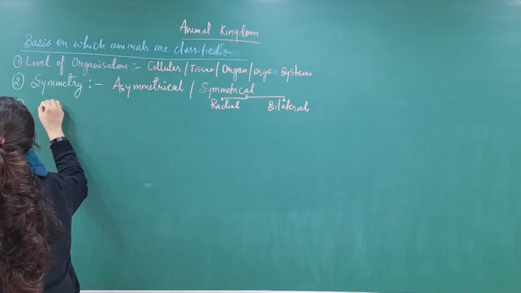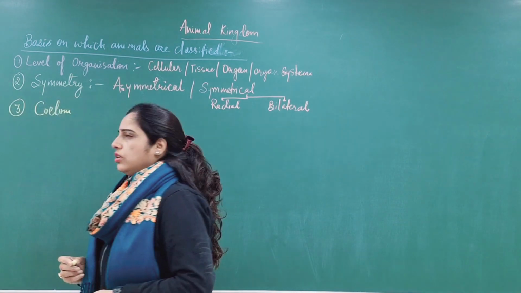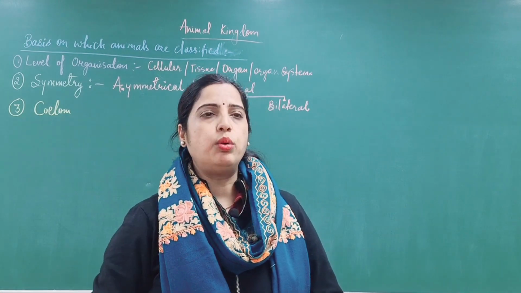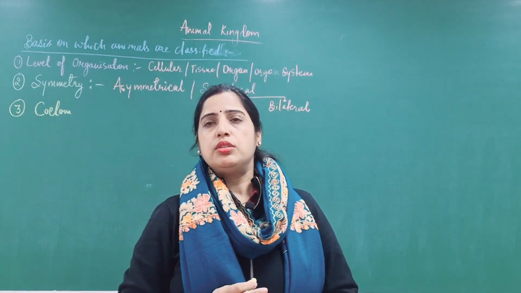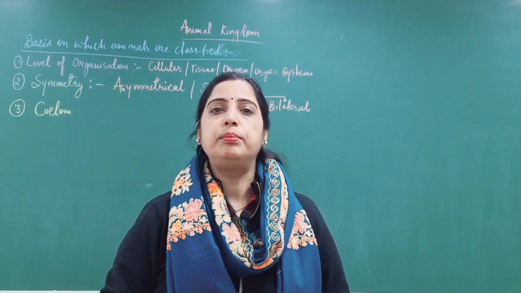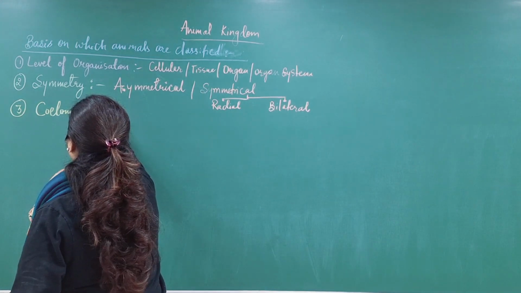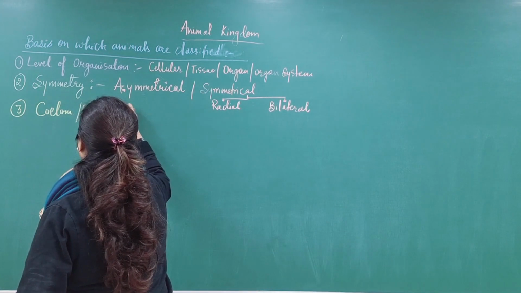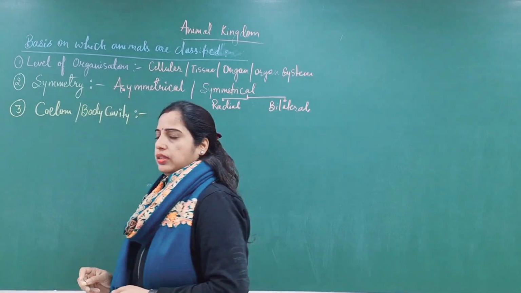Then comes the coelom. This might sound like a difficult term for you, but I will make it easier. The coelom is nothing but the body cavity. How would you understand that an organism is a true coelomate?